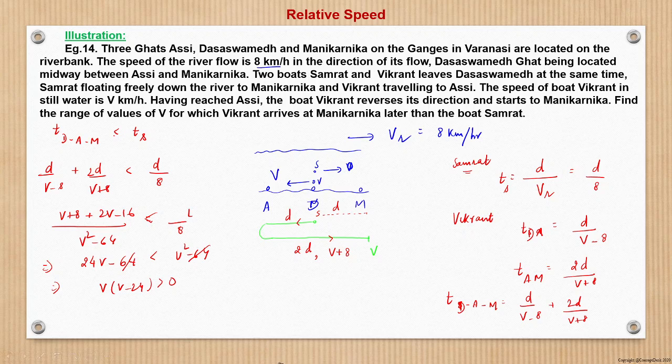Sorry, mistake here. It says Vikrant should not reach Manikarnika earlier than Samrat. So it means the time taken by Samrat is lesser, so we just reverse the sign here.